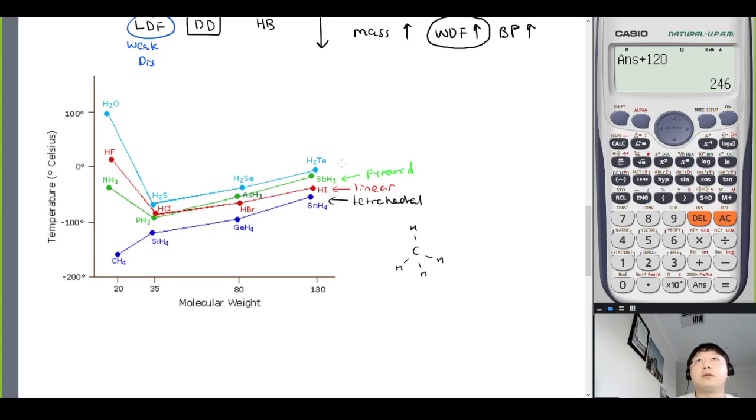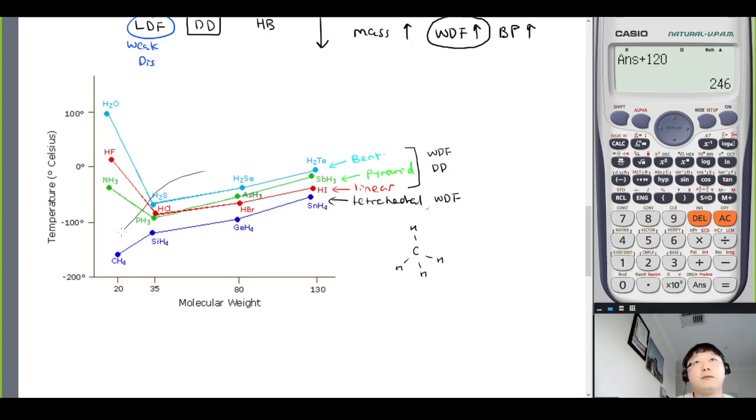The light blue one over here is bent. Anyway, this is not the main concept. The blue one over here is only weak dispersion force. All of this, they not only have the weak dispersion force, they also have dipole-dipole because it's polar, right?